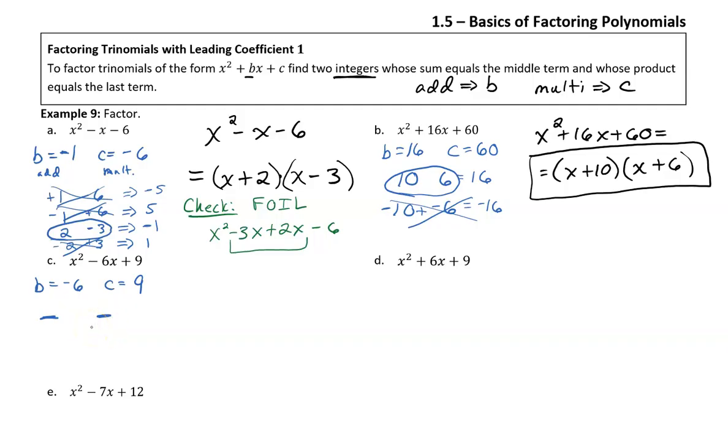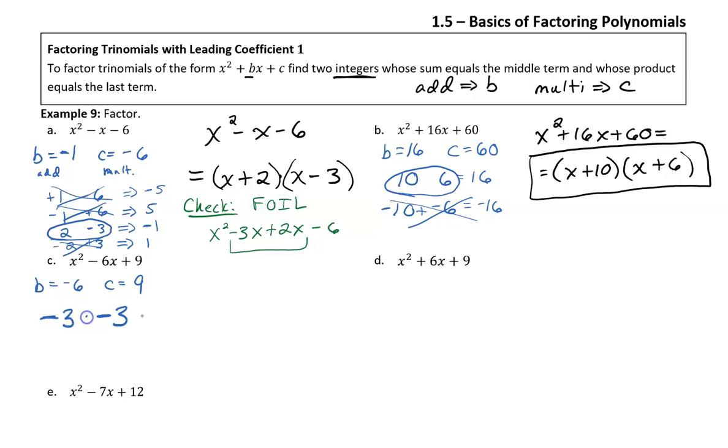Well, then let's think about the values. So multiply to give me 9, add to be a 6. Well, the only way to get 9 is 1 and 9. Well, that's not going to add to 6. And the other way is 3 times 3. And 3 times 3 is 9. 3 plus 3 is going to give me that 6. So those look to be my values.